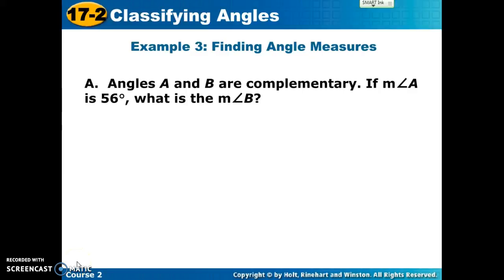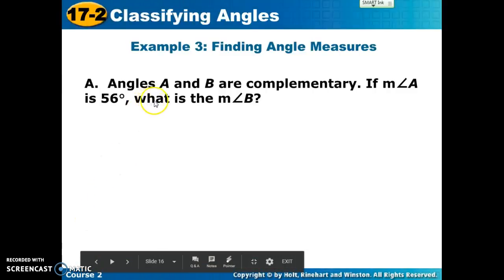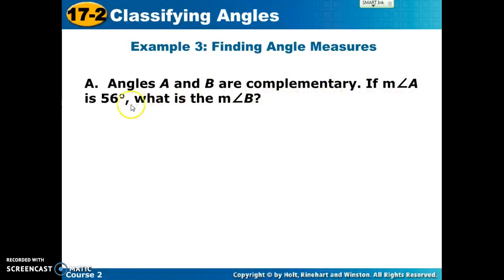But we're going to finish up with determining what an angle would be if we know that they're complementary and you're given one measure. For instance, if angles A and B are complementary, if A is 56 degrees, what is angle B? This is simply a mathematical formula of knowing that complementary angles are 90 degrees.